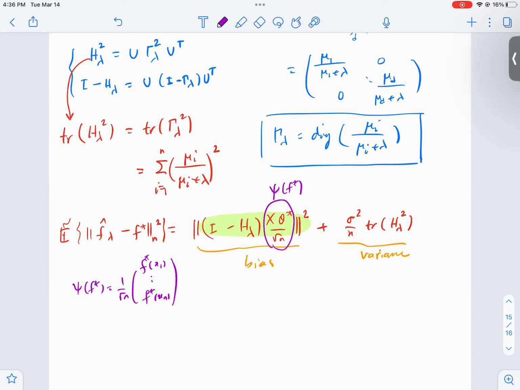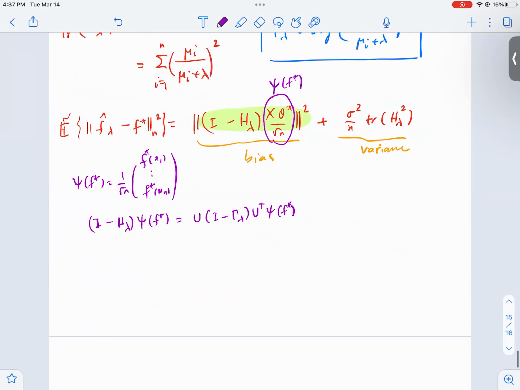So now I'm going to have to deal with I minus h lambda psi f star. And so this is u (I minus gamma lambda) u transpose psi f star. I'm going to call this C star.